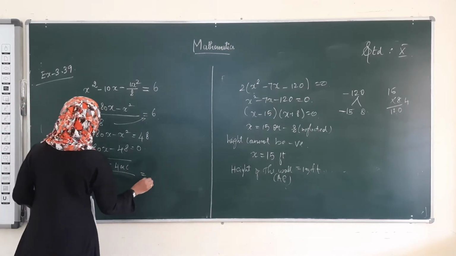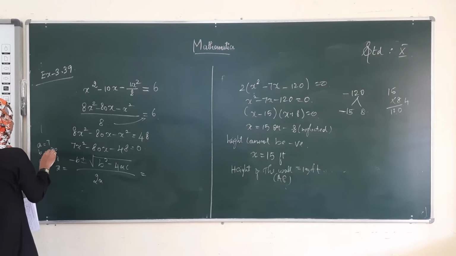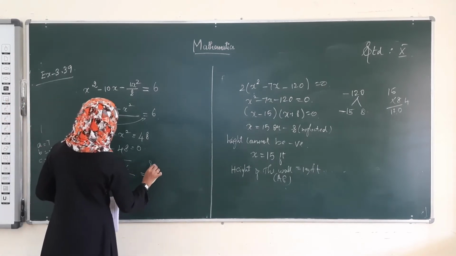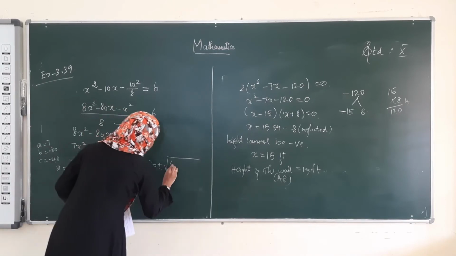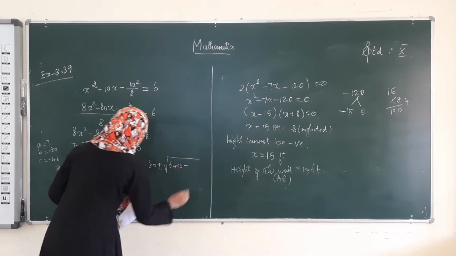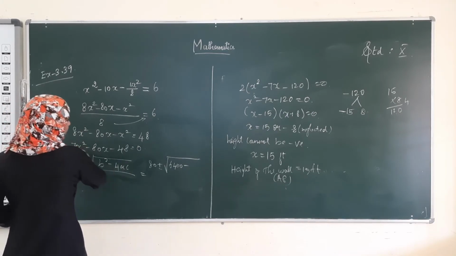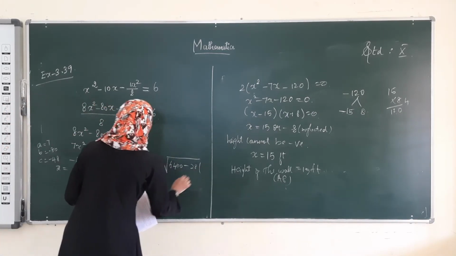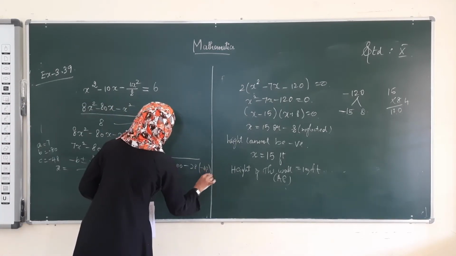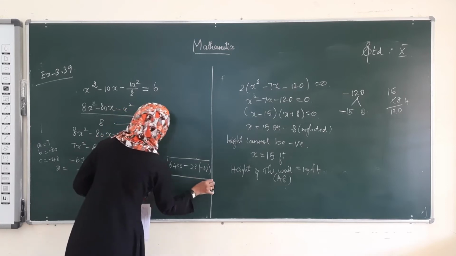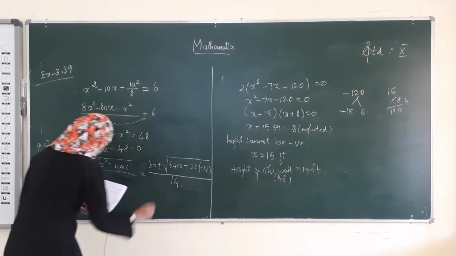Therefore, x is equal to minus b, and b's value is minus 80, so minus b is 80 plus or minus root of 80 squared, which is 6400, minus 4 into a into c. 4 into 7, 7 4s are 28, into c, which is minus 48, divided by 2 into a. A is 7, 7 2s are 14.